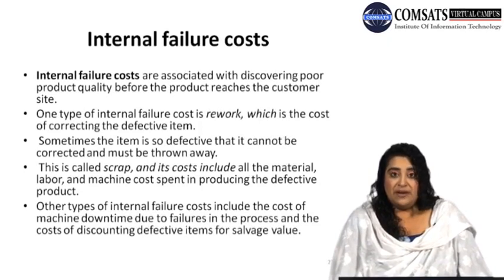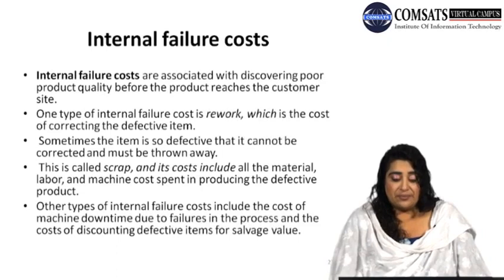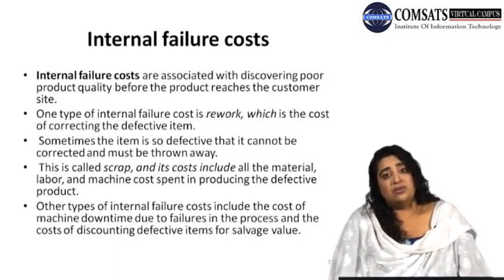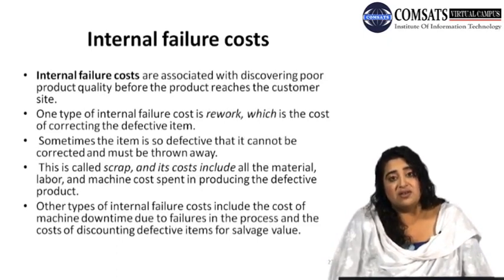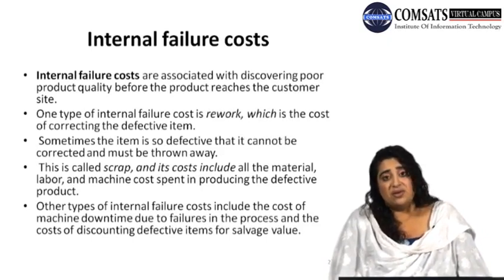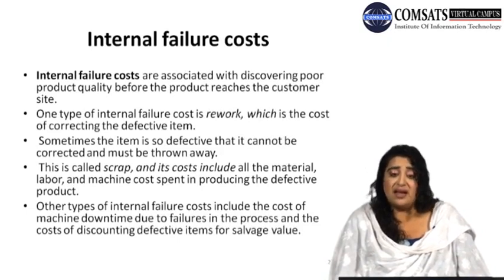So that would be internal failure cost. Now sometimes the item is so defective that it cannot be corrected and must be thrown away. So वो आपके उसमें internal failure में आ जाएगा cost में, ठीक है. Sometimes इतना defective बन जाता है कोई product या कोई material कि उसको दोबारा से correct करके repair नहीं किया जा सकता, and they have to throw it away.